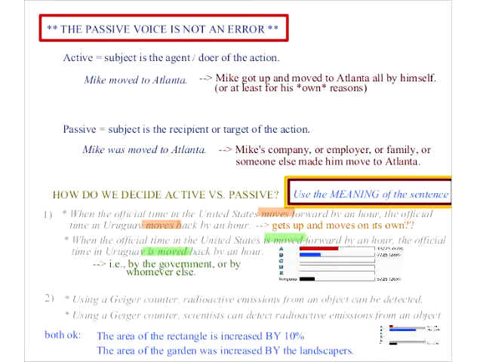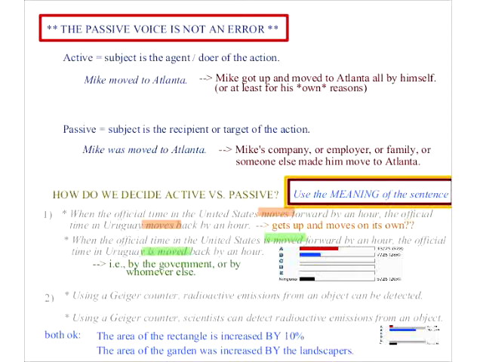In this case, the passive is not the error, though. This one's a modifier error because we don't know who is using the Geiger counter. This kind of modifier requires a subject following it, and you don't have one. So this implies that radioactive emissions are using a Geiger counter, which would be interesting to watch, but that can't happen.